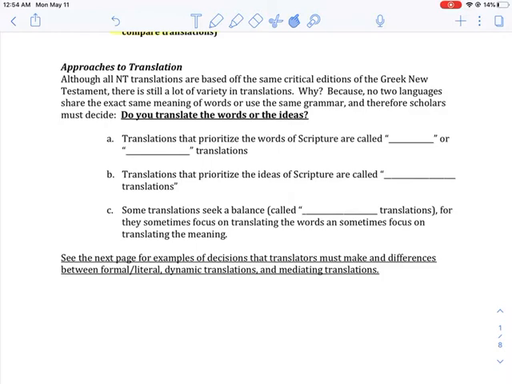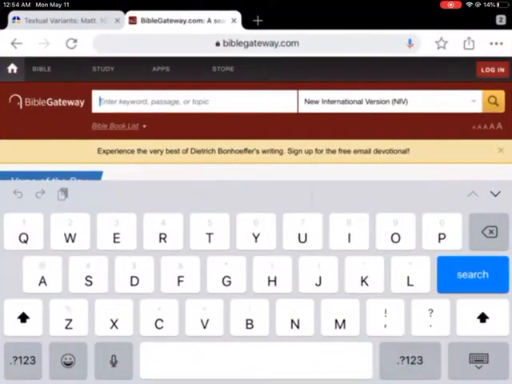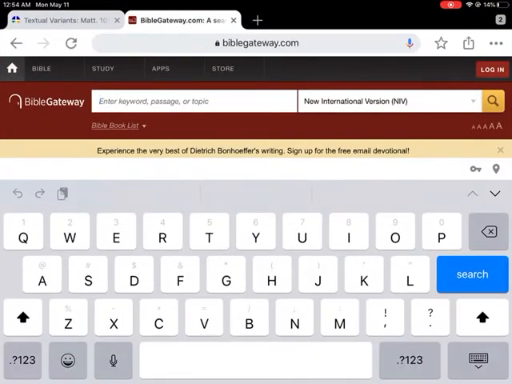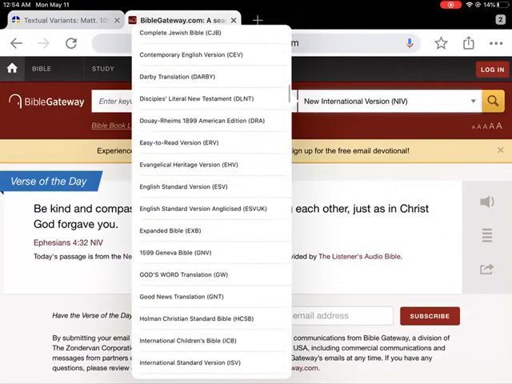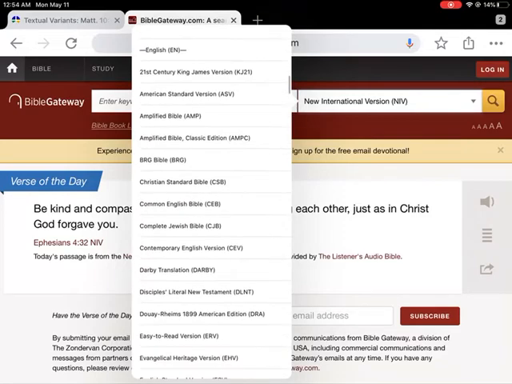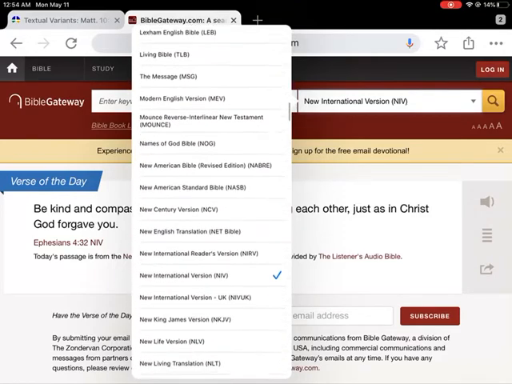I showed you pictures of those in the 3F lesson. But there's still so many translations. If you go to Bible Gateway and look up an English translation, there are a lot listed. All these are English translations. It's here at the top of the screen, it says English. And notice you just keep scrolling and scrolling.